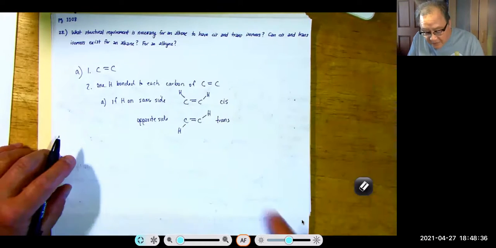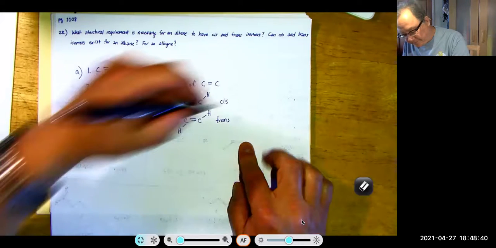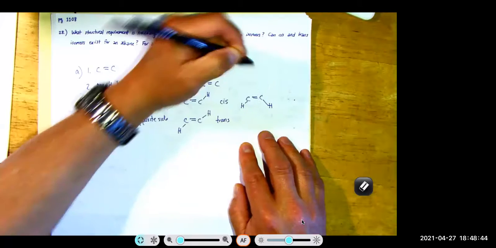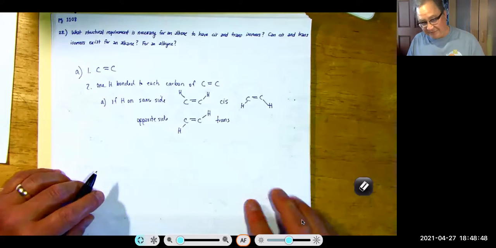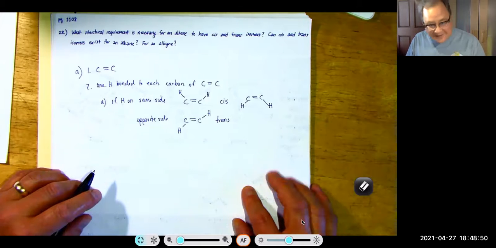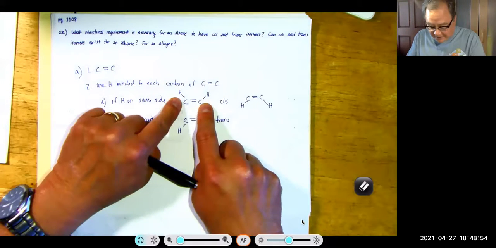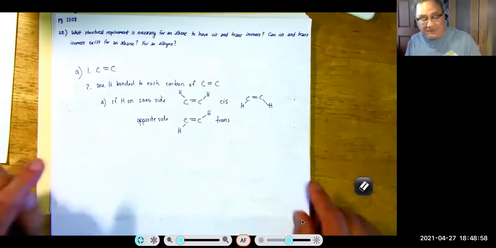So what's another way for me to show cis? Upside down. Well, how do you know that's not upside down? It's all in your perspective. See, this one is a cup with water in it, and this one is your cup is empty. I'm kidding.